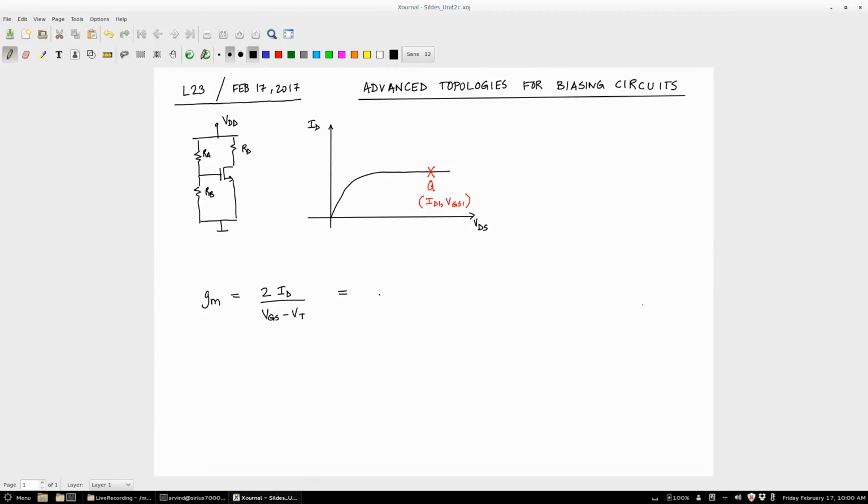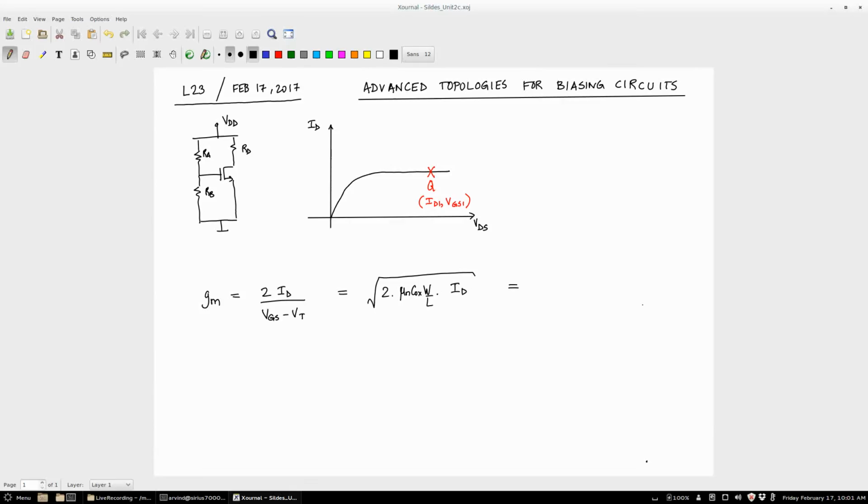What is the gain for this system? What's your gm? Can you tell me what gm is? Tell me the final expressions. Good. 2ID by VGS minus VT, that is one expression. Then the square root of 2 times mu Cox W by L times ID.